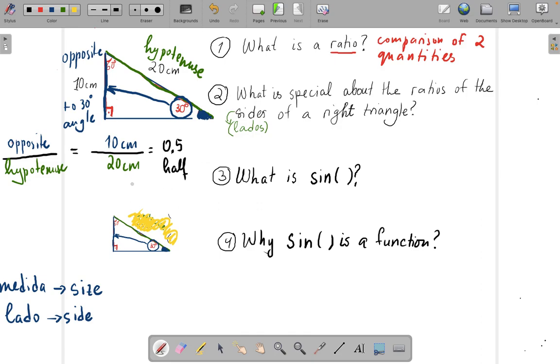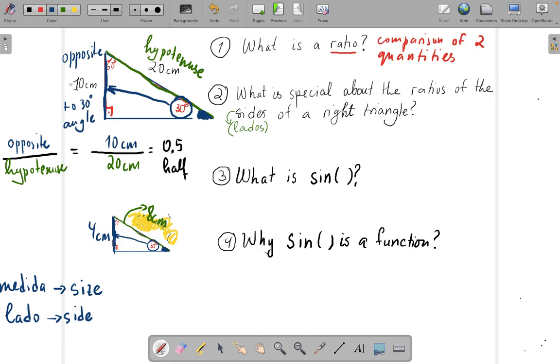Now, this much smaller triangle will have different measures, diferentes medidas, pero estas diferentes medidas van a tener la misma proporción, están proporcional. So, if I compare, en este caso vamos a decir que la hipotenusa es 8 centímetros, el lado opuesto será la mitad. The opposite side será mitad de 8, so it's going to be 4 centímetros.